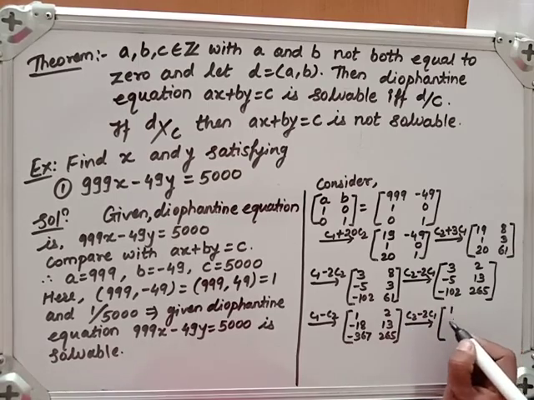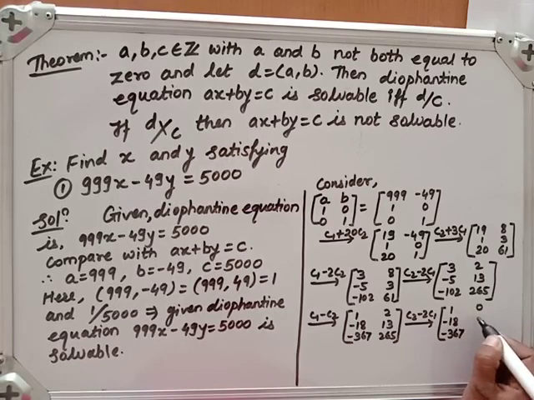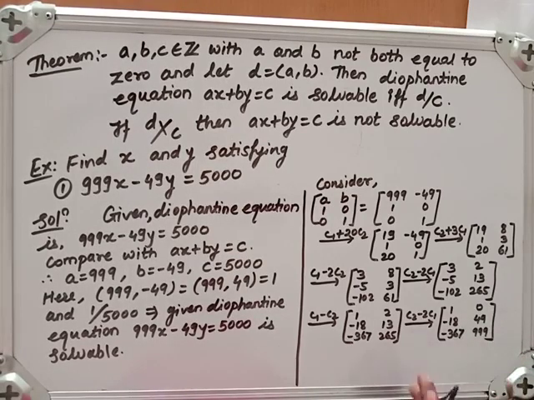So it will be 1, minus 18, minus 367. This is 0, 49 and 999. This is the matrix.